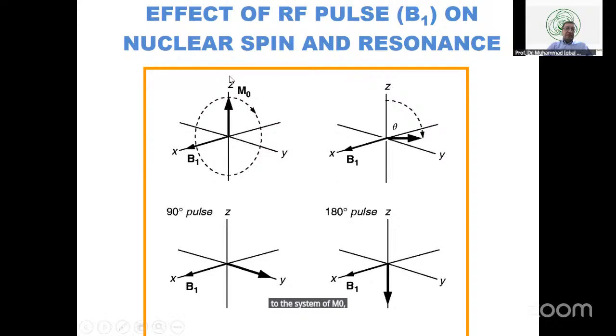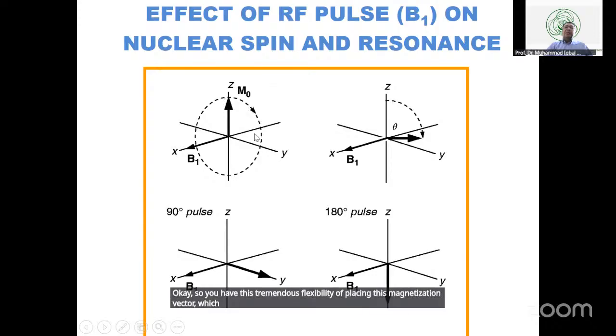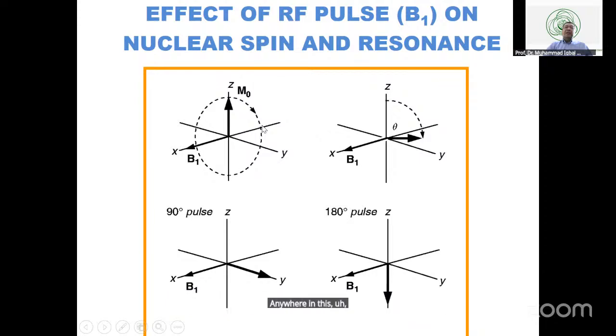If you give a 90 pulse, that comes here. If you give a minus 90 pulse, this is pulse duration, this comes here. So you have this tremendous flexibility of placing this magnetization vector, which represents net magnetization, anywhere in this three-dimensional Cartesian system. This is called the right-hand thumb rule.